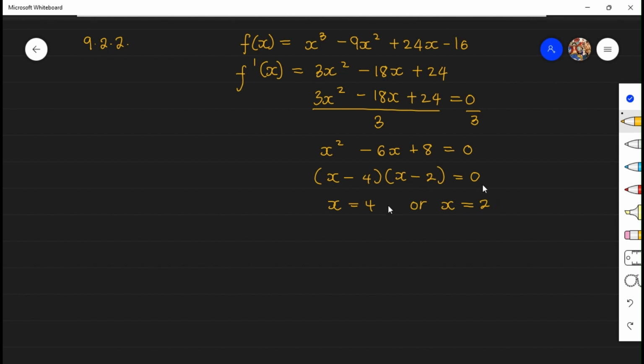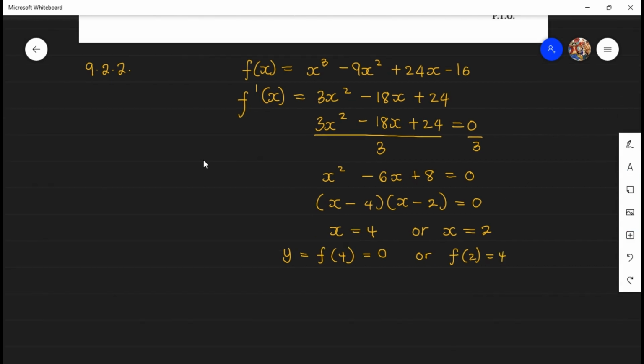Now we can go and substitute these x values into the original function to get our y values. So f of 4, which is our y value, is then equal to 0. And f of 2 is then equal to positive 4. Now, let us go back to our question.